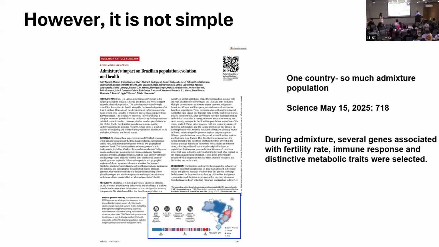And according to that Science paper, this admixture has several genes associated with fertility rate, immune response, and distinctive metabolic traits. So within one country, how do we incorporate that into our cancer atlas is something we really need to think about.